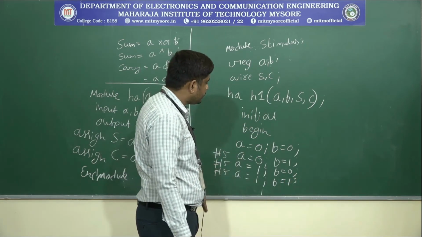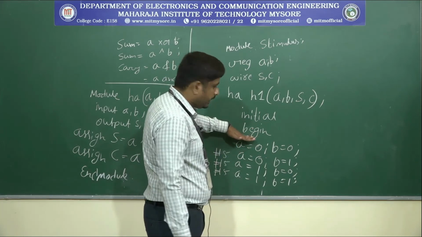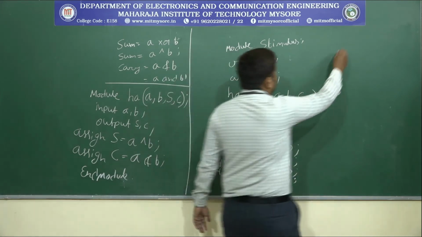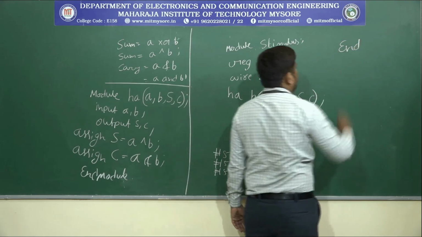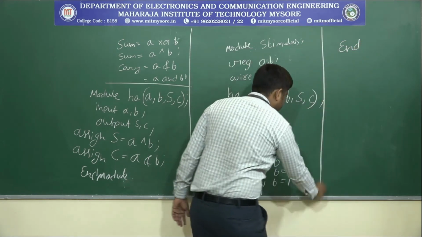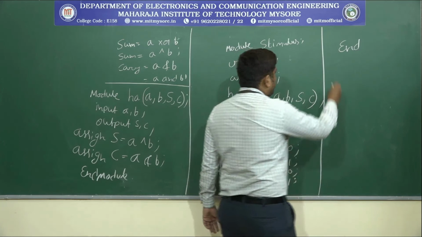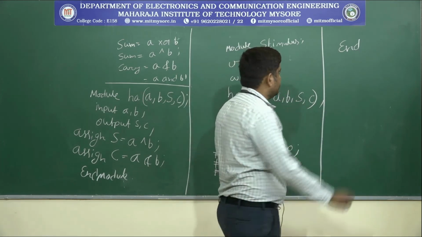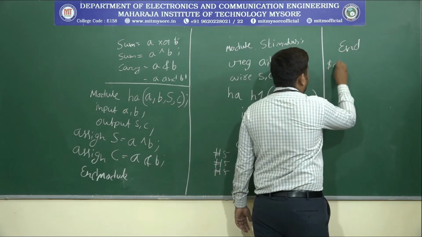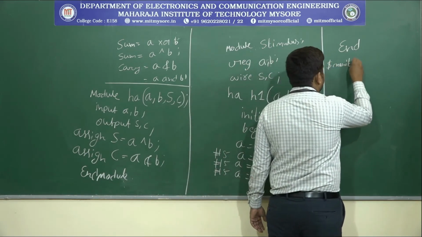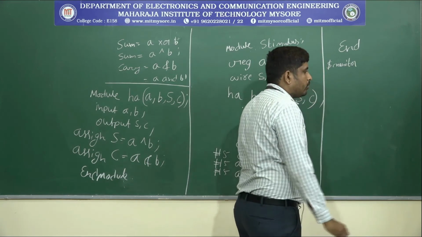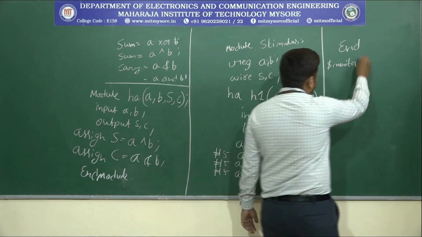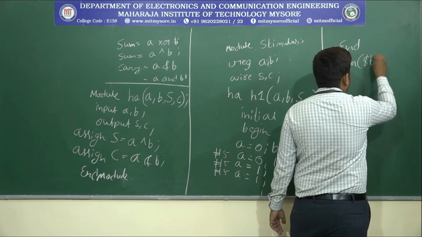After these 4 combinations, we have to write end, since the begin is always paired with end. Then after end you have to write the monitoring of the information. That always starts with $monitor. In $monitor we have to show the current simulation time, that is $time.